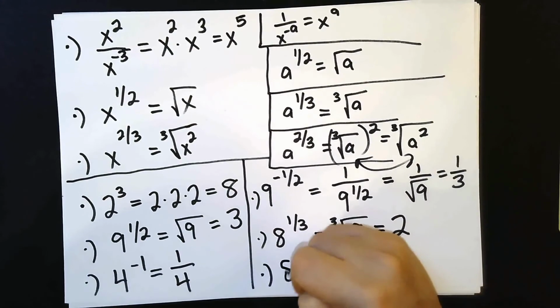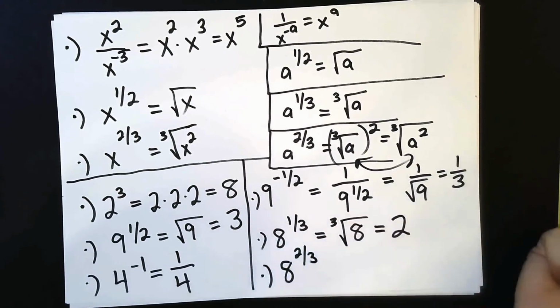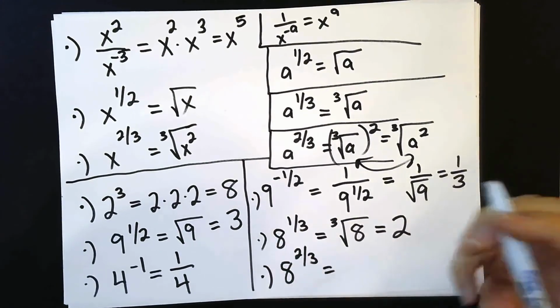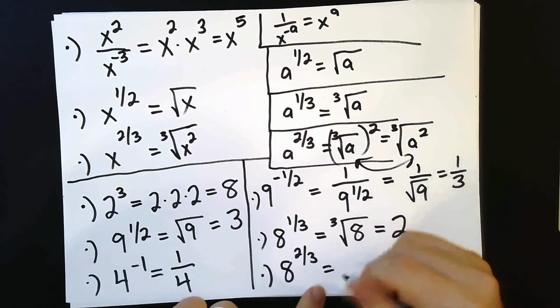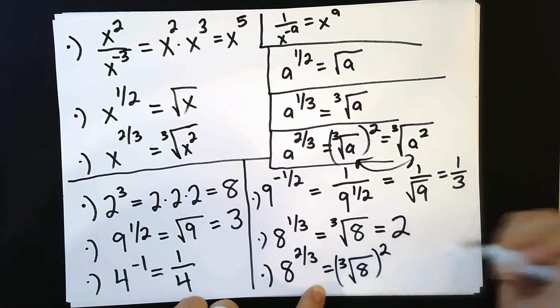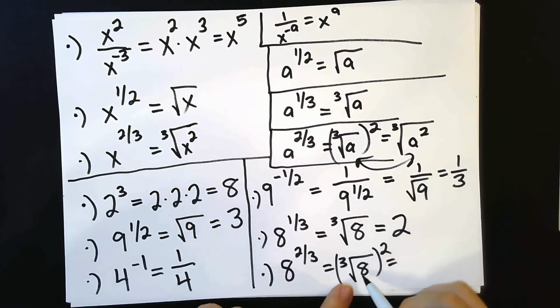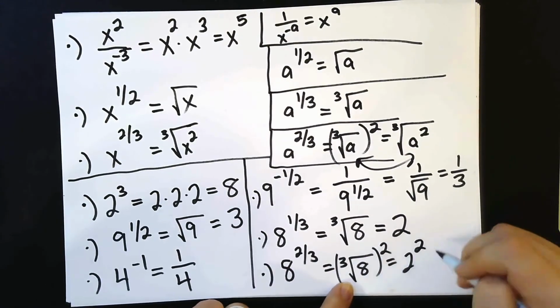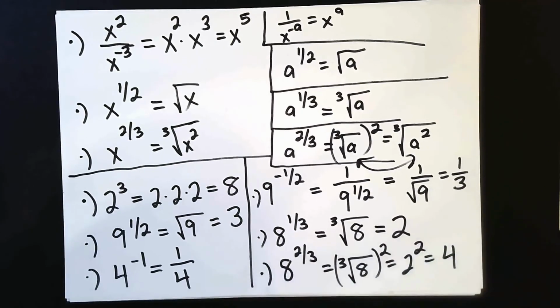And so if you see something like 8 to the 2/3 power, what's that going to be? That is going to be the cube root of 8 squared. The cube root of 8 is 2, so this is 2 squared, and so this is 4.